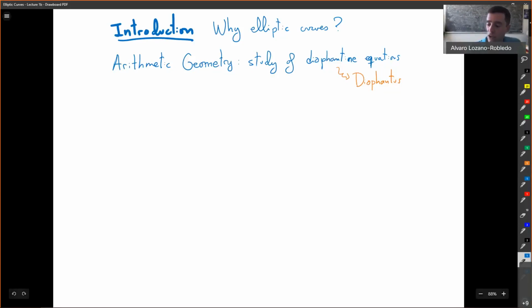So what is a Diophantine equation? A Diophantine equation is any equation of this form.